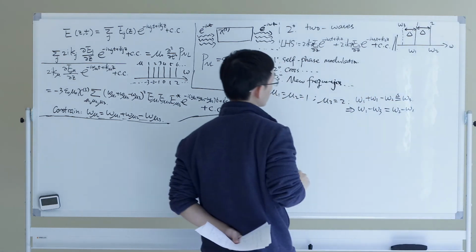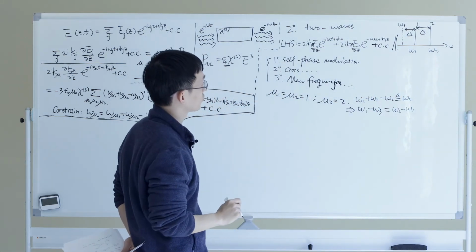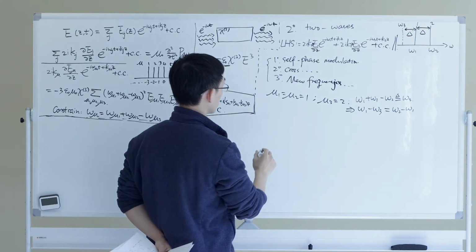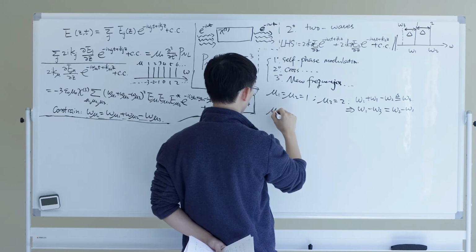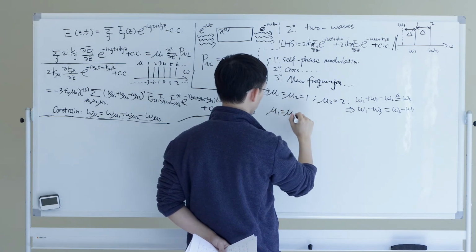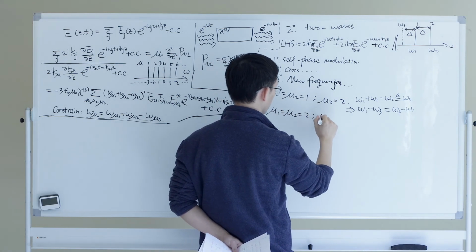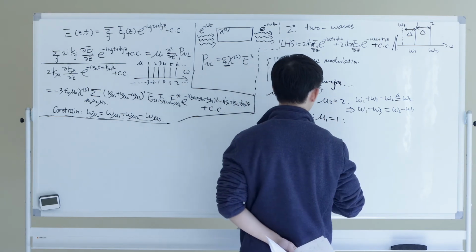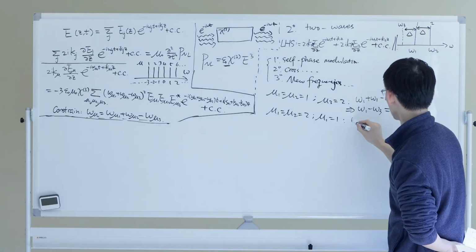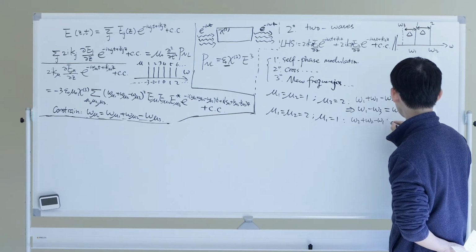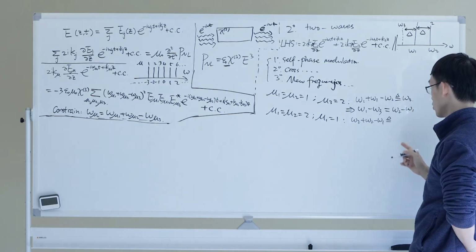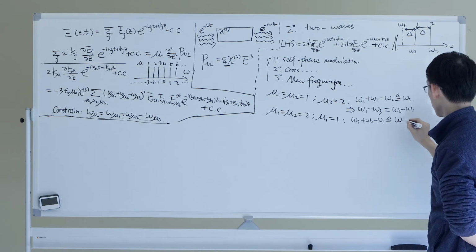And this is not the only frequency you will generate. The other one is you can flip the role here. Let mu 2 equal 2, and mu 1 equal 1. So this one will give you omega 2 plus omega 2 minus omega 1, and we can give this new frequency the name omega 4.